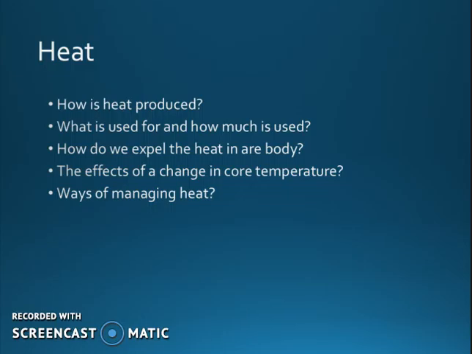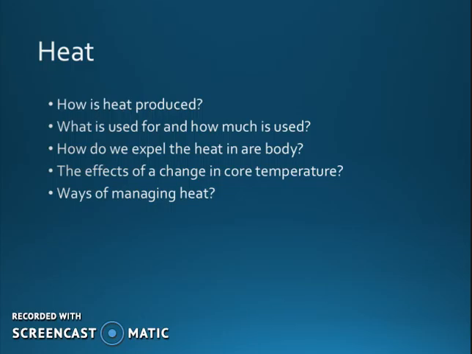This can be affected by the humidity of the environment, because the higher the humidity levels, the harder it is for the sweat to evaporate on the skin, causing the temperature of our core to increase. This is called hyperthermia, which in turn causes fatigue, and in many serious cases it can cause death.